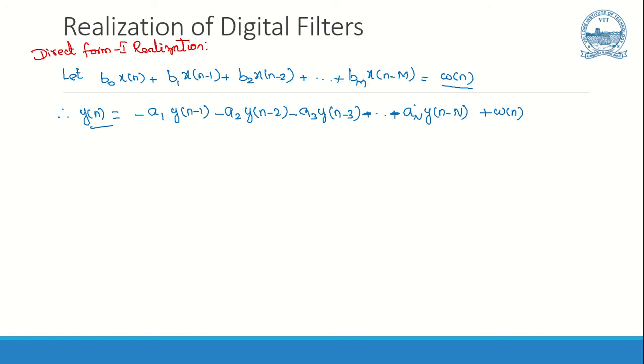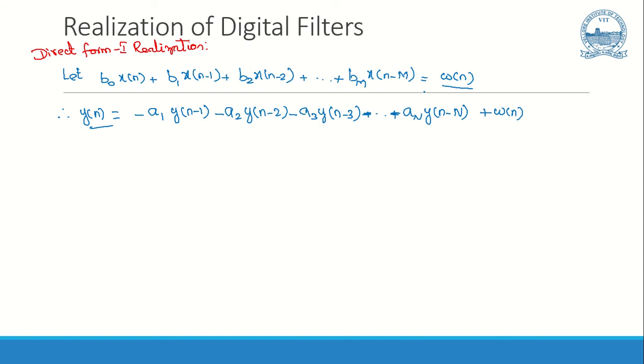Now if I take this w of n, it comprises fully of the input samples x of n, x of n minus 1, x of n minus 2 up to x of n minus m. And y of n comprises the delayed samples of the output, y of n minus 1, n minus 2, n minus 3 and so on, plus w of n.